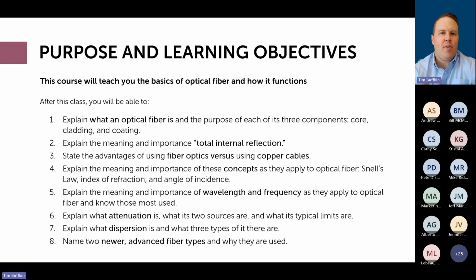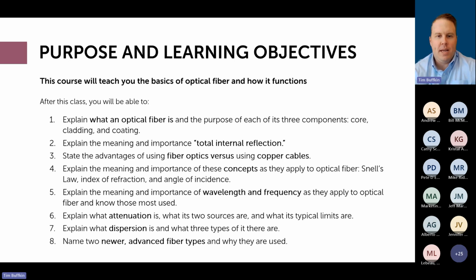So today, for the purpose of learning objectives, we're going to teach you the basics of optical fiber and how it works. We'll explain what an optical fiber is, the purpose of each of its three components, the core, cladding, and the coating. We're going to talk about the meaning and importance of total internal reflection. We'll talk about the advantages of using fiber optics versus copper cable.